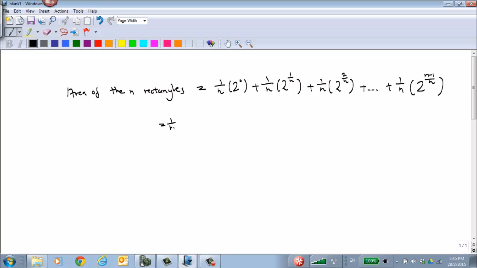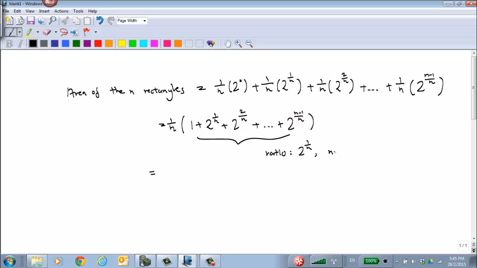Now, if you pull out the 1 over n, which is a common factor, what you're left with is something like this. Take note that this is a GP of ratio 2 to the power 1 over n, and the number of terms is n.